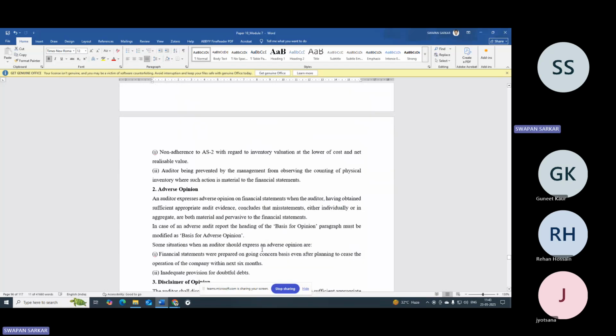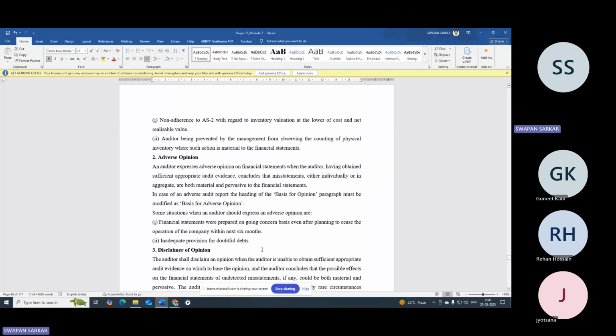Then adverse opinion. An auditor expresses an adverse opinion on financial statements when the auditor, having obtained sufficient appropriate audit evidence, concludes that misstatements, either individually or in aggregate, are both material and pervasive to the financial statements. Secondly, in case of an adverse audit report, the heading of the basis for opinion paragraph must be modified as basis for adverse opinion.